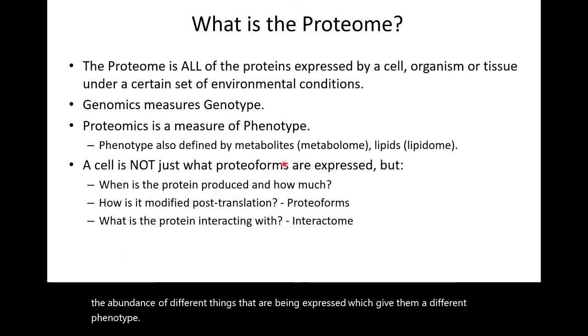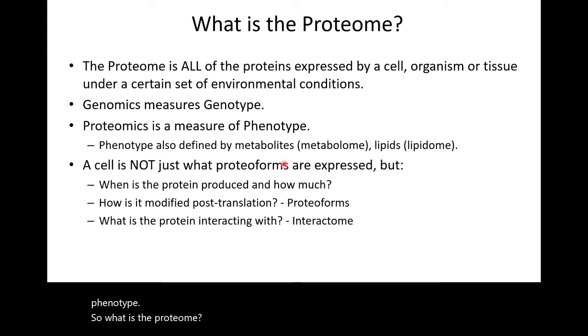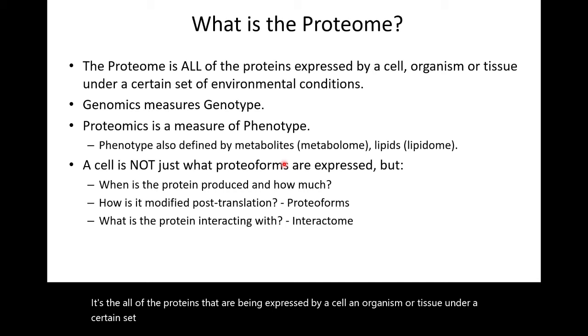So what is the proteome? It's all of the proteins that are being expressed by a cell, an organism or tissue under a certain set of environmental conditions at a certain point in time. All of those things are very important because environment has an effect on the proteome.